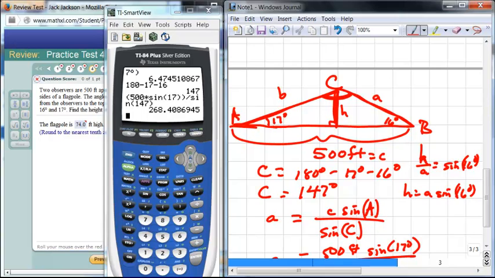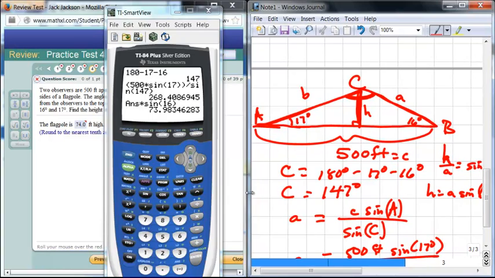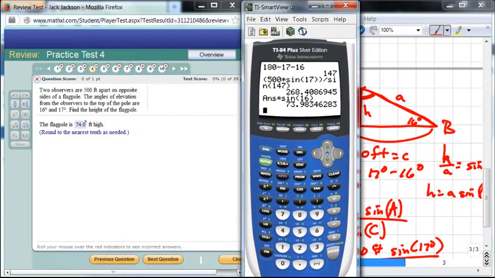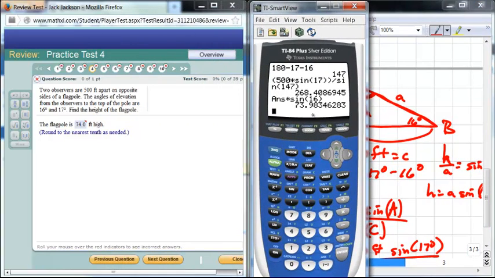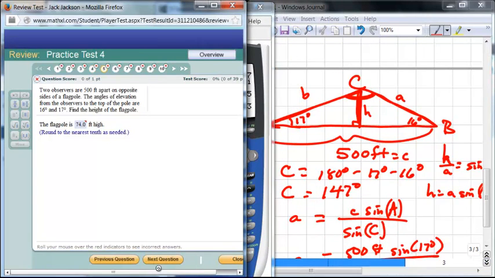So if I just take that previous answer times the sine of 16 degrees, that will give me my height of the flagpole. So almost 74 feet high, 74.0 feet in fact, to the nearest tenth. Okay, next question.